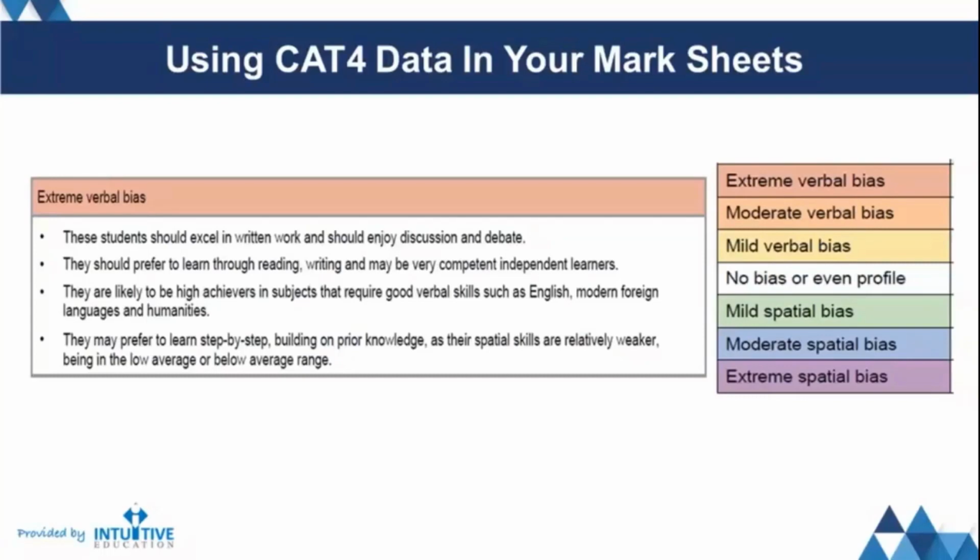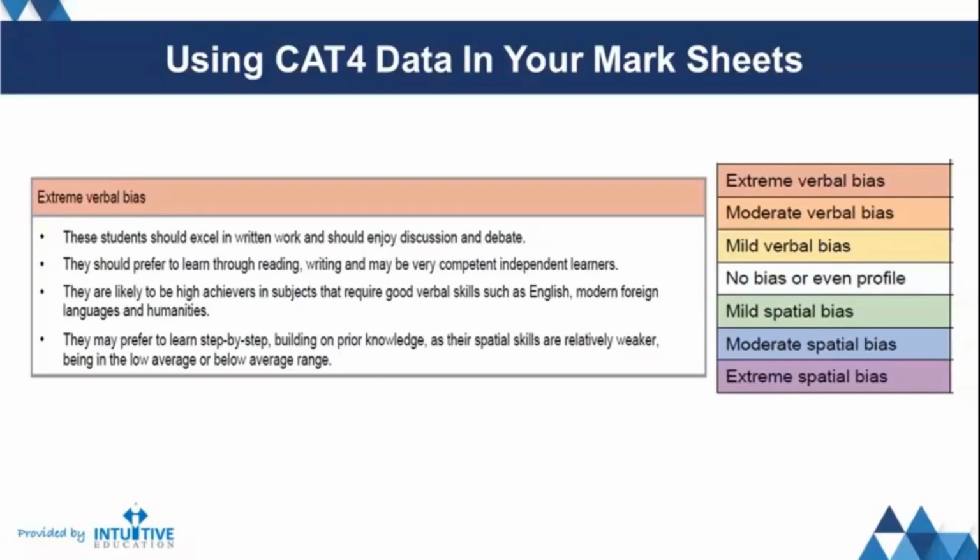You're also going to see that it'll say things like children with an extreme verbal, for example, are going to be high achievers in other subjects. They're going to be very verbal. That doesn't mean that they're not going to have any success in numeracy, in mathematical subjects, in STEM subjects. They will be. The key to this as teachers is to make sure that they make that progress in those other subjects now that you know about their metacognitive approaches.